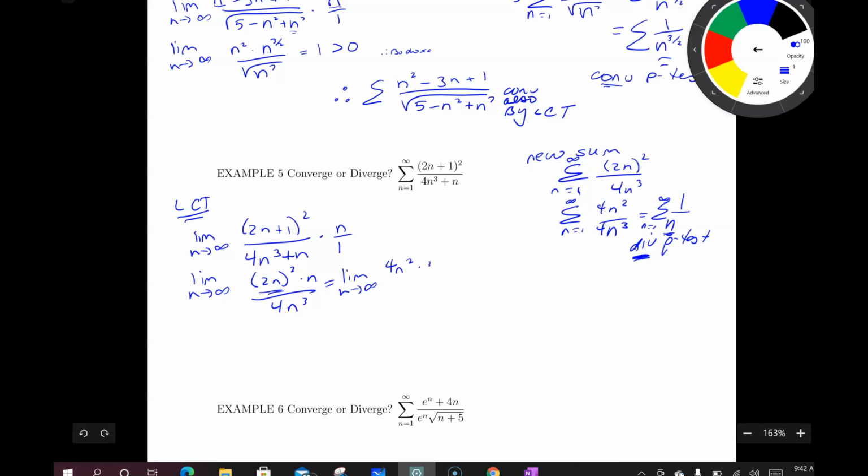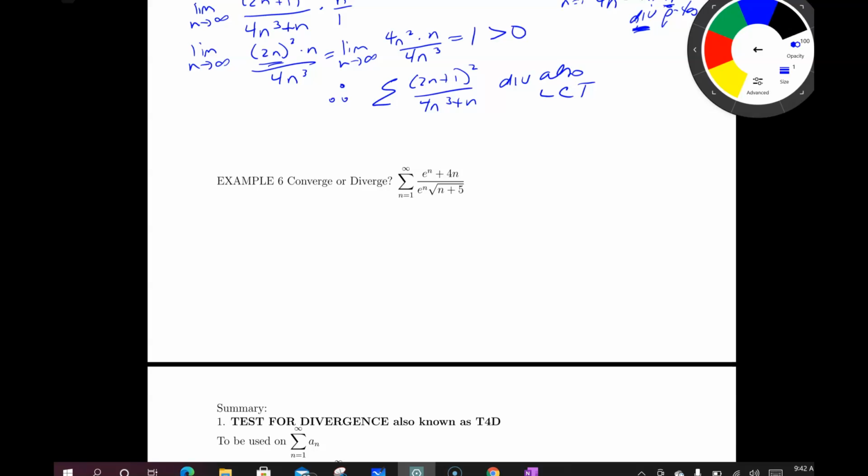This is 4n squared times n, this is 4n cubed. It's 1 again. Happens a lot. So this is bigger than 0, so they both do the same thing. Since this one diverged, I also get that this diverges also by limit comparison test.